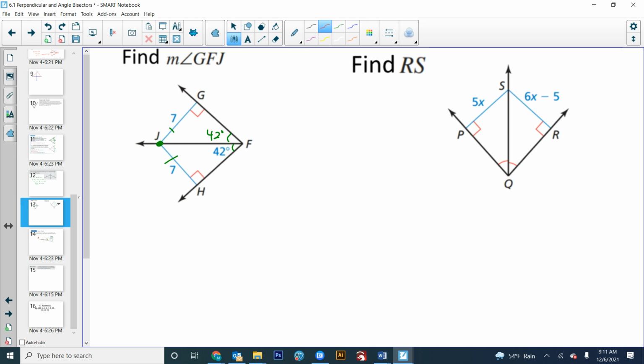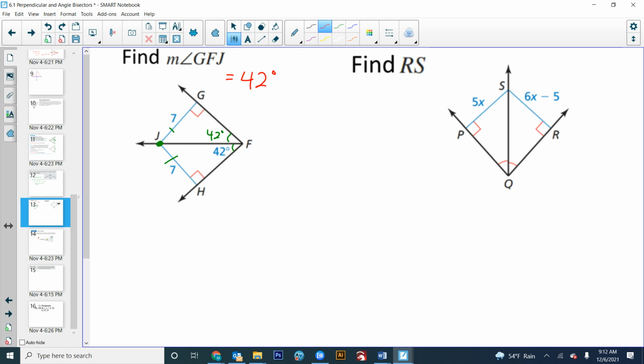Oh, that's the one we just found. GFJ is 42 degrees. Converse of the angle bisector theorem. Converse. We didn't know it was an angle bisector. We concluded that it was an angle bisector.